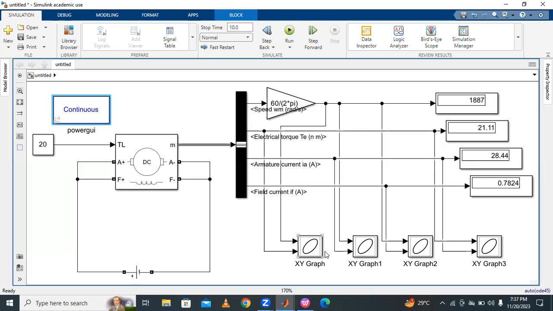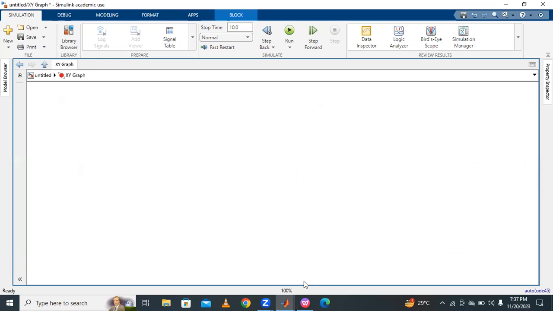Then next, what is this first one? The first one has the x-axis connected to the speed and the y-axis connected to the armature torque. Then open this XY graph.